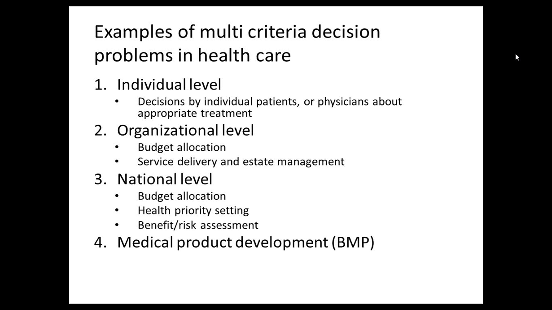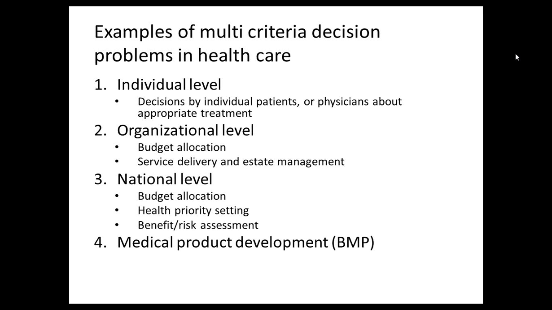Like Martin said in the short introduction, there are multiple examples of multi-criteria decision problems in healthcare. On the individual level, decisions have to be made by individual patients, for individual patients, or by physicians about appropriate diagnosis, treatment, and for instance, end-of-life treatment plans.